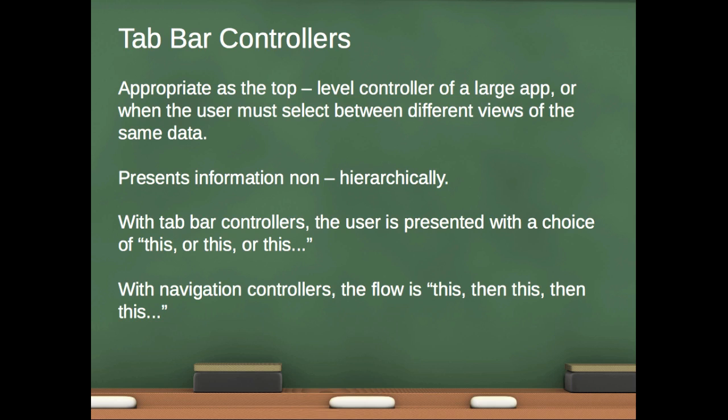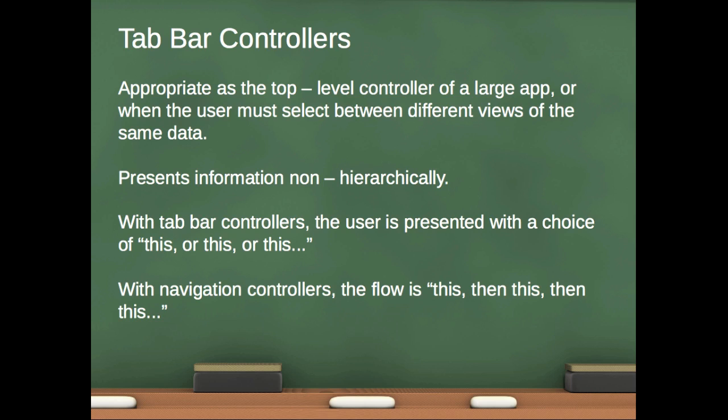In other words, we have a flat kind of organization. One view controller can branch to many different view controllers from its top level using a tab bar controller. The user is presented with a choice of this or this or this or maybe this. But with a tab bar controller, that is sort of a one-layer presentation.